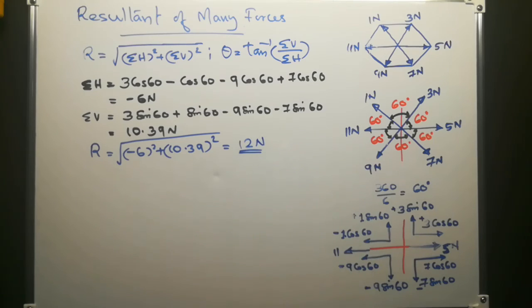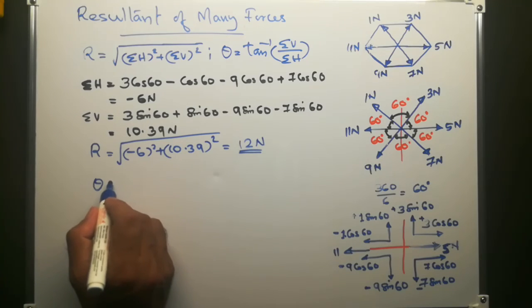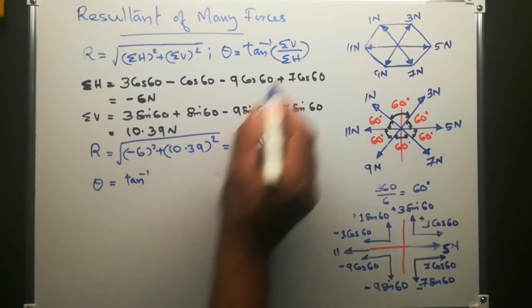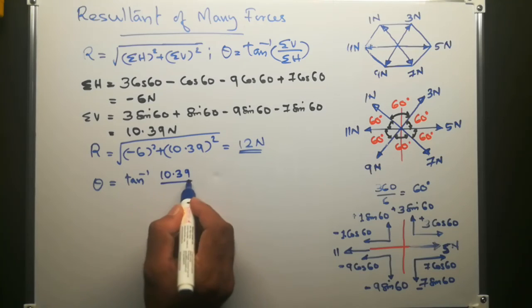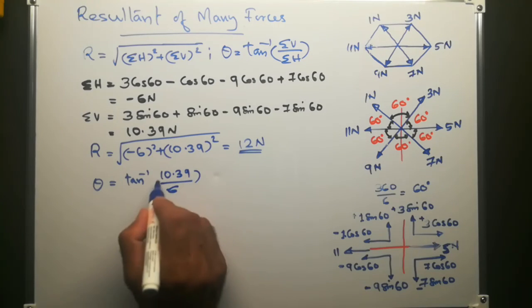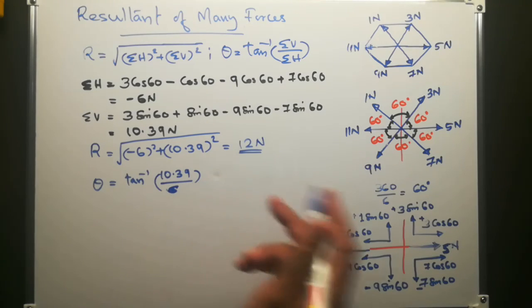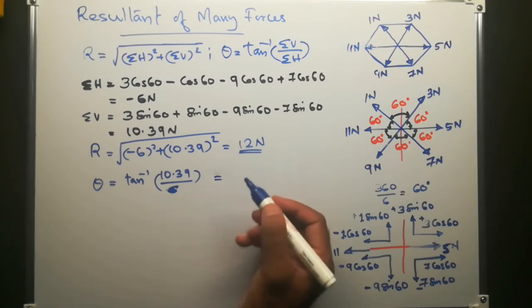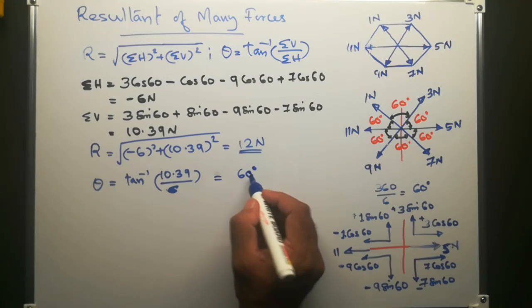To find the angle, theta is equal to tan inverse sigma V divided by sigma H, that is 10.39 divided by 6. We need not consider the minus sign because we will be showing the angle from the x-axis. So theta is equal to 60 degrees.